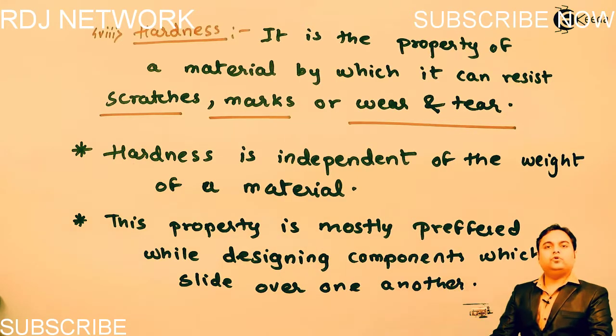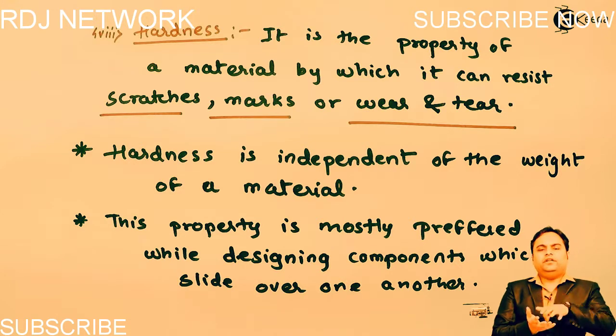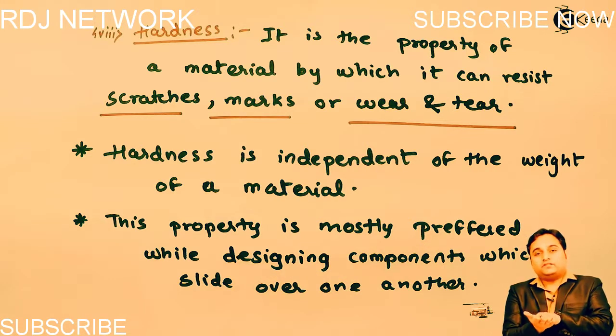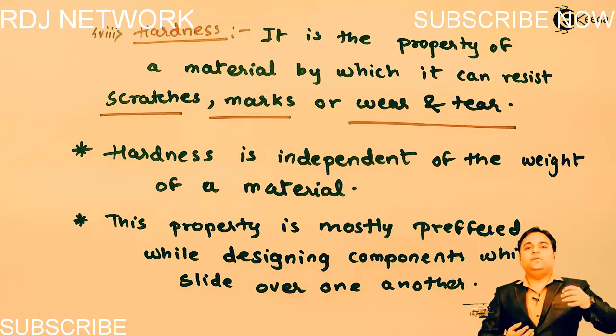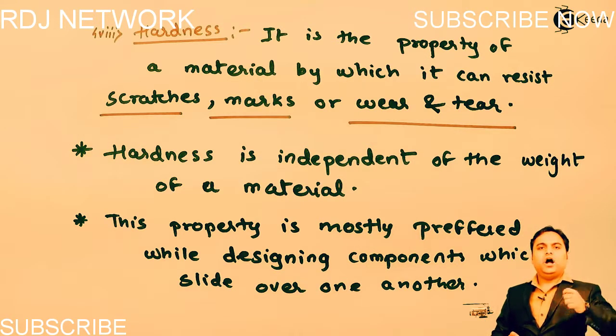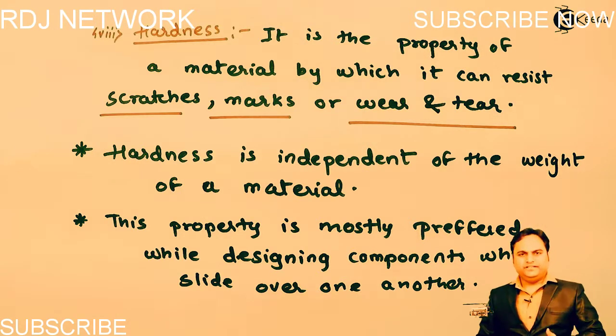So when we have two components and one is sliding over the other, the surface contact is more and we require hard materials, because if the material is soft and there is sliding taking place, then there will be more wear and tear. So in case of hardness, we should be aware that the material is hard. It means it should be able to resist scratches and wear and tear.